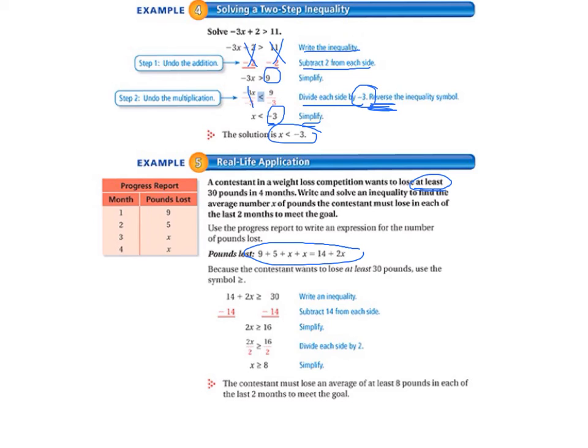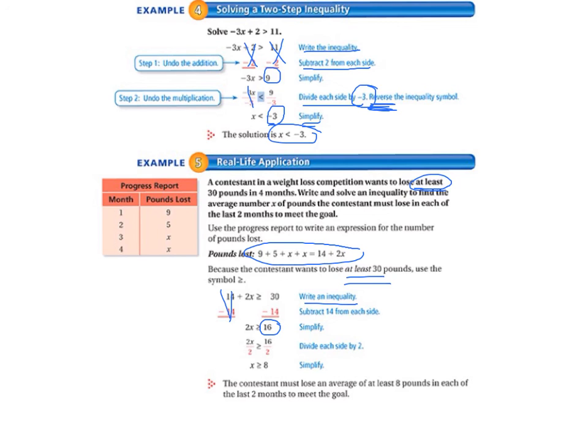So we combine the terms there. Because the contestant wants to lose at least 30 pounds, we use the symbol greater than or equal to, because they would be happy if they lost 40 pounds also. So we write the inequality, and then we subtract 14 from both sides so that we make that 14 go away. So it goes away from that side, and then 30 minus 14 is positive 16.